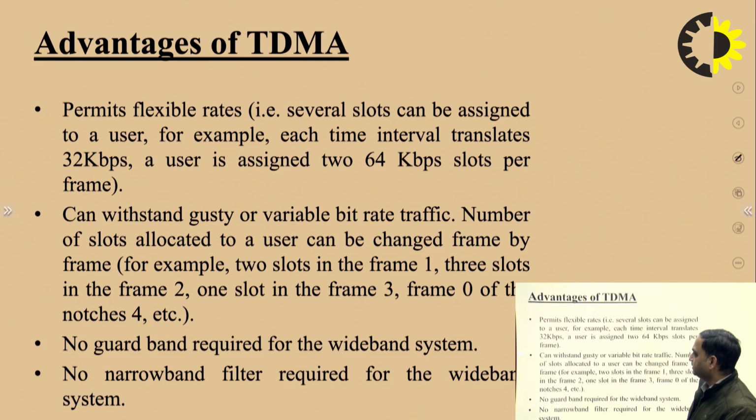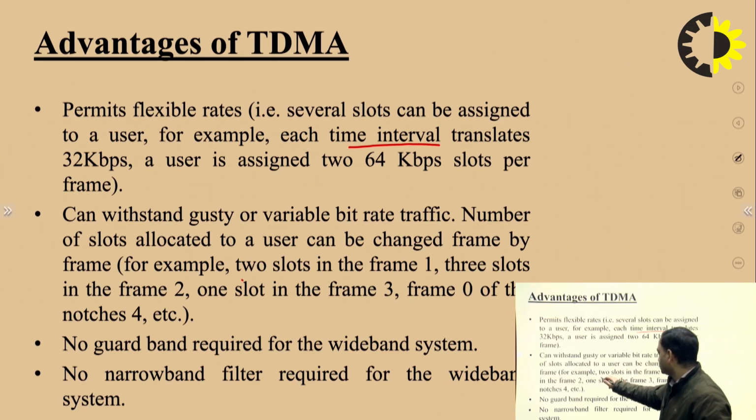TDMA offers flexible rates. Several slots can be assigned to a user. For example, each time slot interval carries 32 kbps, and a user is assigned 64 kbps slots per frame. So it can withstand bursty or variable bitrate traffic, and the number of slots allocated to a user can change frame by frame.